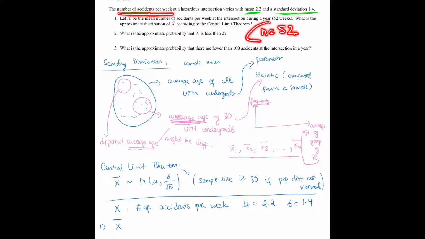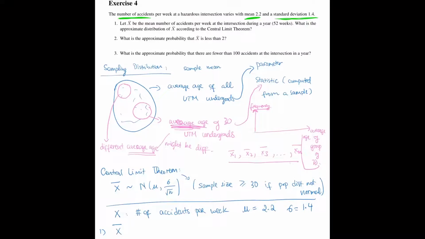So the number of observations, the number of weeks that we observe, is 52, which means that we don't need to know whether the population is normally distributed or not. It might not be. However, when we have n equal to 52, which is greater than 30, then the central limit theorem comes in, and it tells us that X bar will follow a normal distribution.